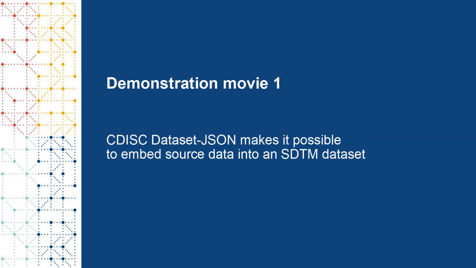The first movie demonstrates how source data can easily be embedded into an SDTM file in Dataset-JSON format. The source data can be, for example, a lab message or an electronic health record. In the movie, we demonstrate an embedded electronic health record in HL7 FHIR format.